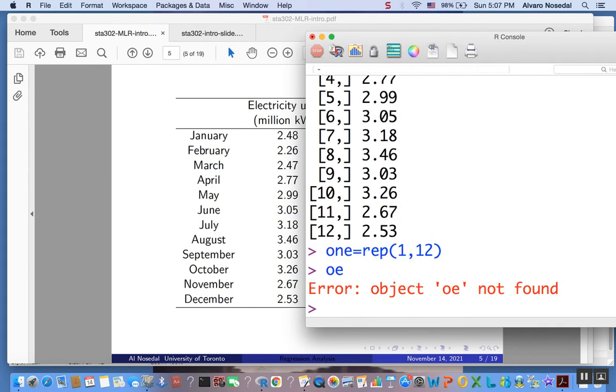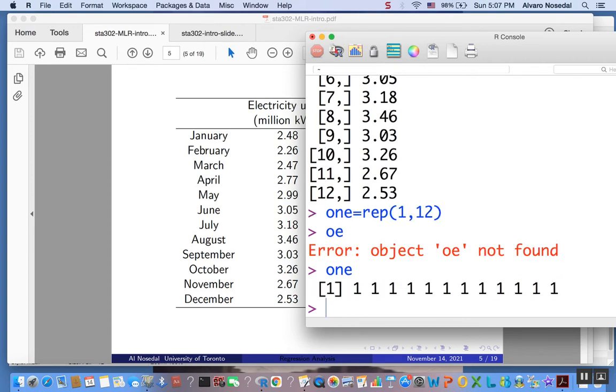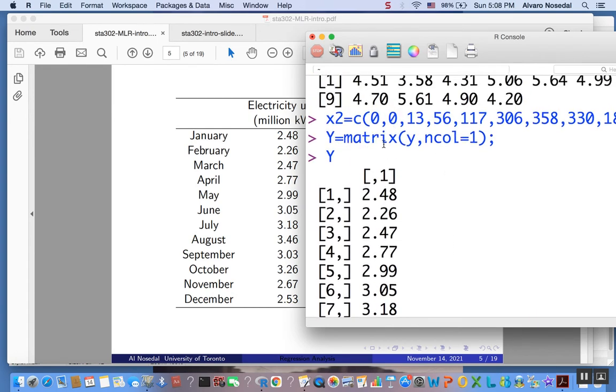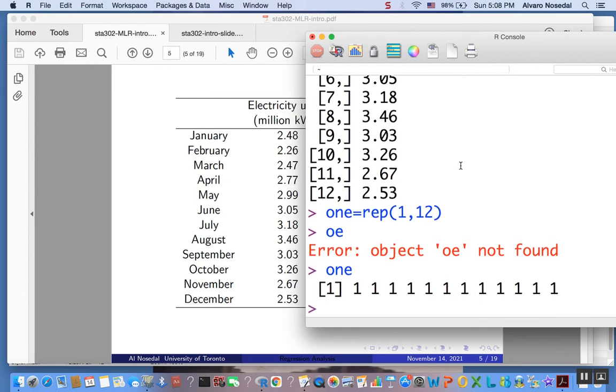So that's what 1 looks like, but I want that to be a matrix at some point, so when we paste together the columns of our design matrix, we're going to do something similar to what we did with Y. We're going to make sure that R knows that X, the design matrix, is in fact a matrix. It has that format, so R can carry out the operations that we need.